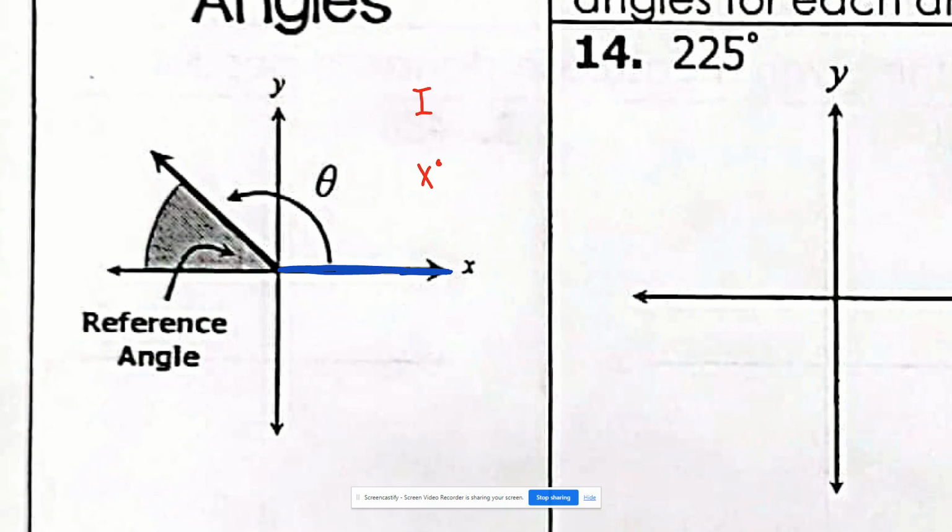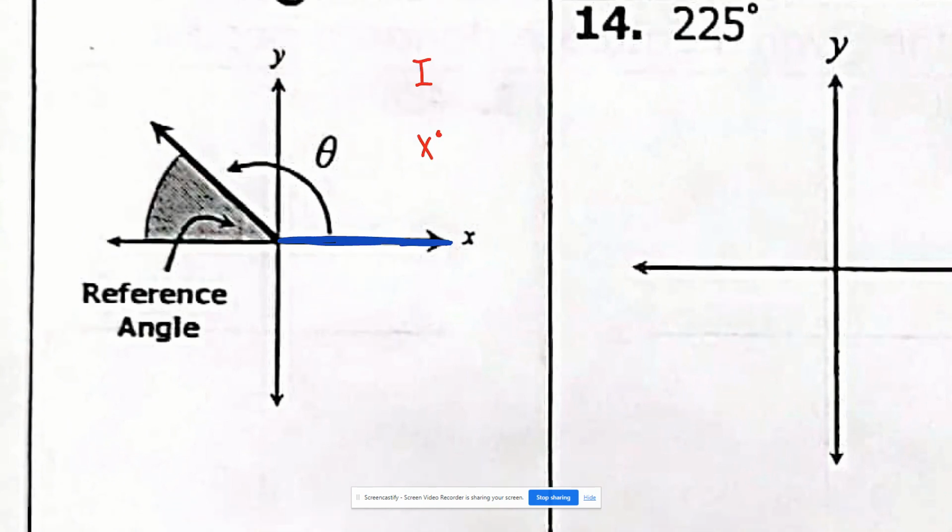That's how far it is from the x-axis. So if it's 40 degrees, how far from the x-axis is it? 40 degrees. If it's 65 degrees, it's 65 degrees. So if it's in quadrant 1, whatever it is, that's your reference angle. You got me?